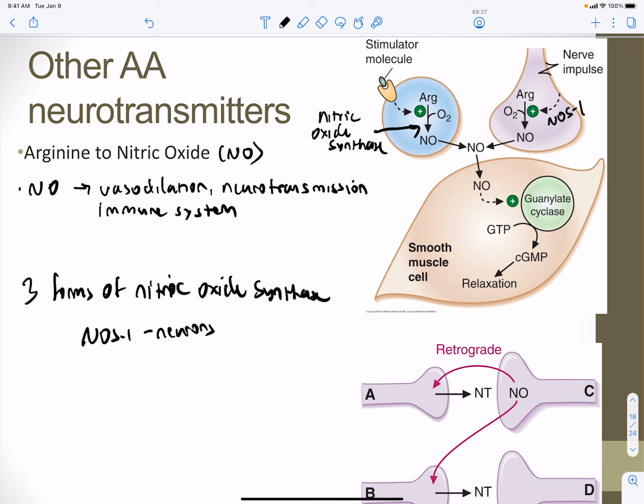You're going to have macrophage have nitric oxide synthase 2, so that's in your immune system. And then you're going to have nitric oxide synthase 3 in your endothelial cells.